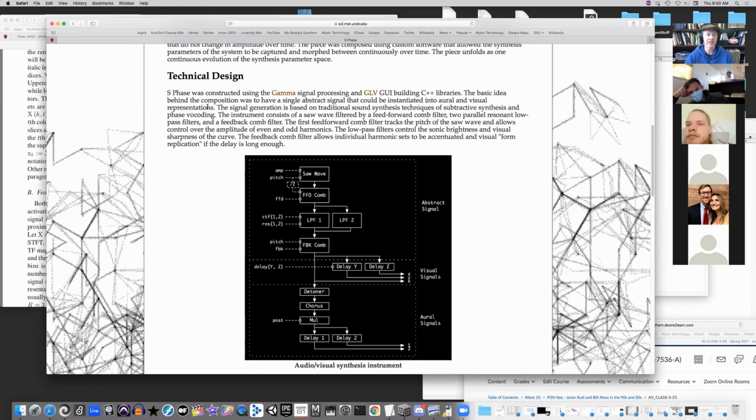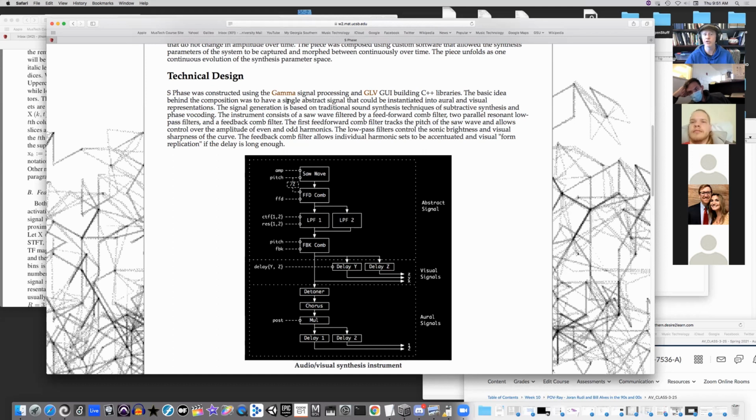The basic idea behind the composition was to have a single abstract signal that could be instantiated into aural and visual representations. So I think that's probably the crux of what I want to talk about, is that there is this sort of thing that is neither sound nor vision, but could be visualized or sonified.